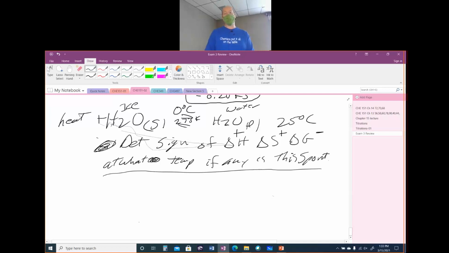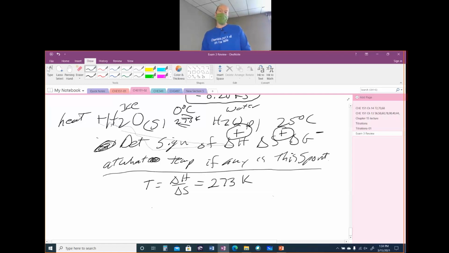Note that you have a positive delta H and a positive delta S. And we also know that when we take our delta H and divide by our delta S, we are going to get 273 because we already know that temperature, because we know this process of melting an ice cube.